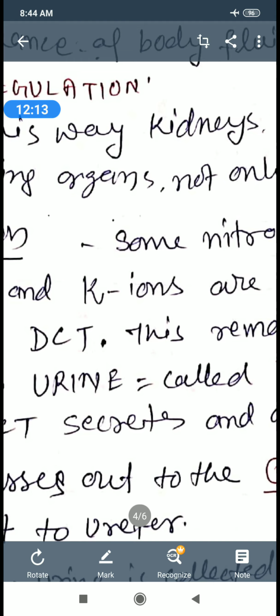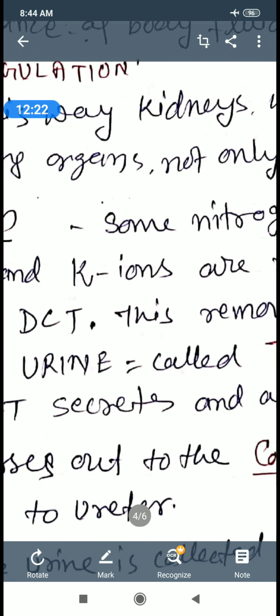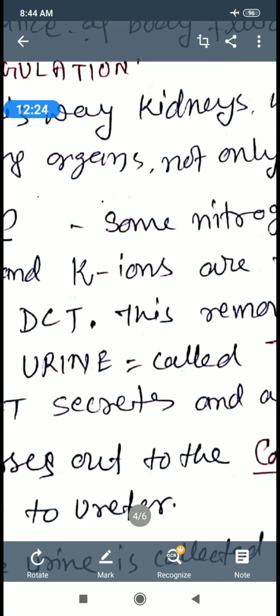These removed substances are added to urine, which is called tubular secretion, because DCT secretes and adds to the urine, and passes it out to the collecting duct, which leads the filtrate to the ureter.